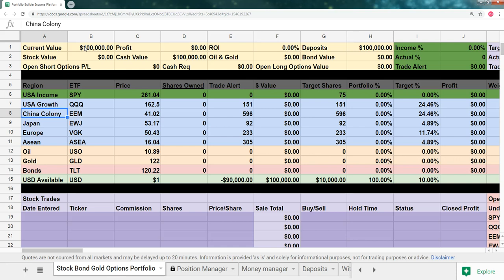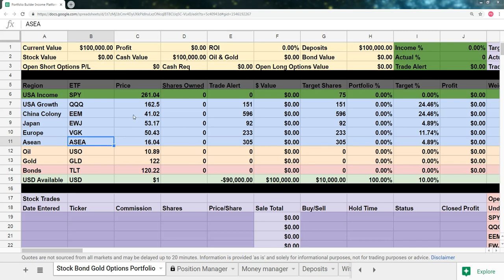And these blue ETFs right here represent our high growth opportunity. The QQQ, the EEM, which hits China and its colonization, EWJ for Japan, VGK for all of Europe, and then ASEA for the coastal areas around Asia.